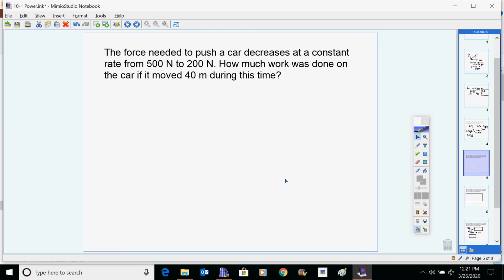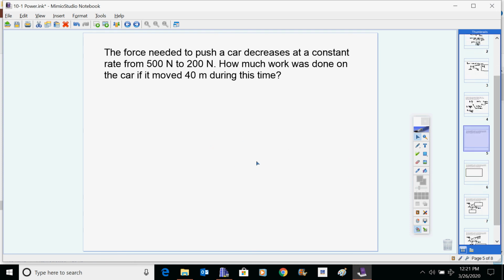We want to think about, again, calculating this based on some changing conditions. The force needed to push a car decreases at a constant rate. So it starts at 500, goes down to 200, and we want to find out how much work was done if the car moved 40 meters during this time.